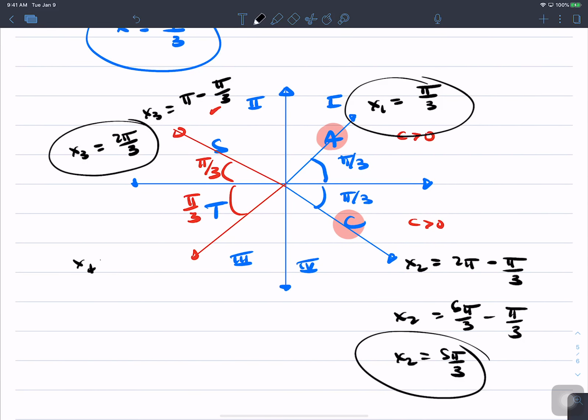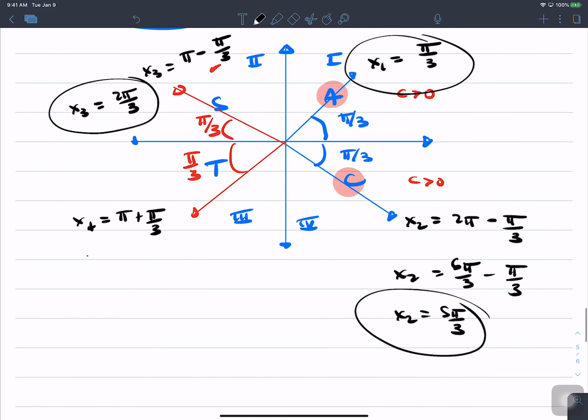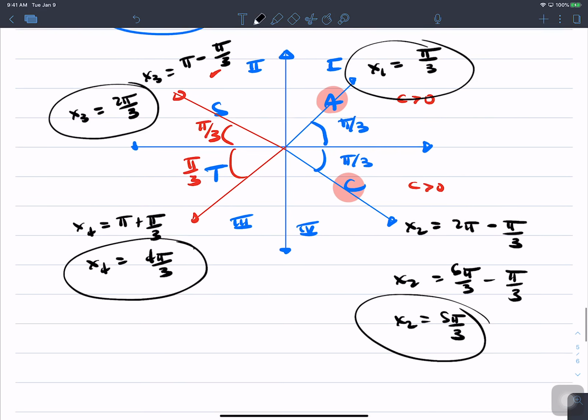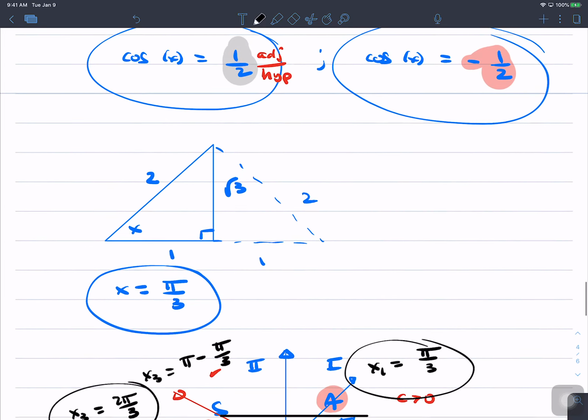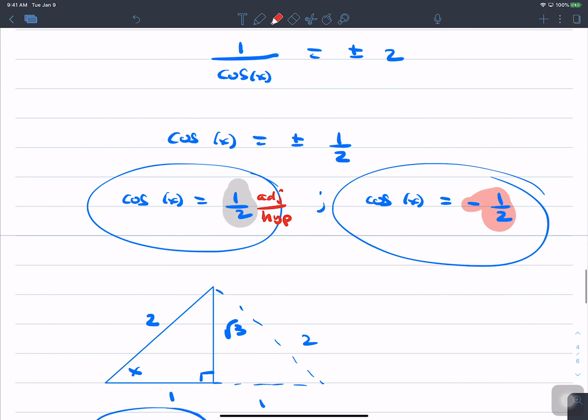And then similarly for the fourth solution, because cosine's negative in quadrant 3, that's going to be pi plus pi over 3, which is 3 pi over 3. So the next solution is going to be 4 pi over 3. And so these are the solutions here for cosine being plus or minus 1/2 here.